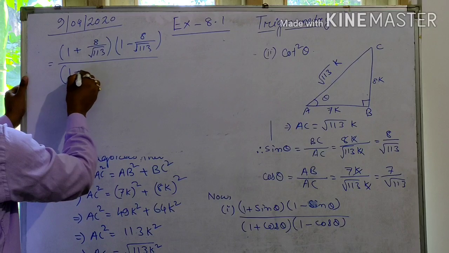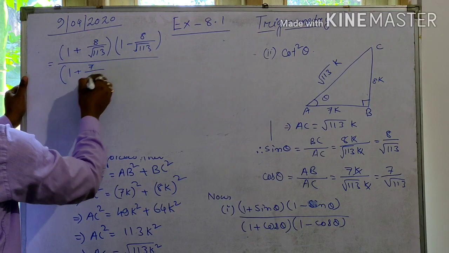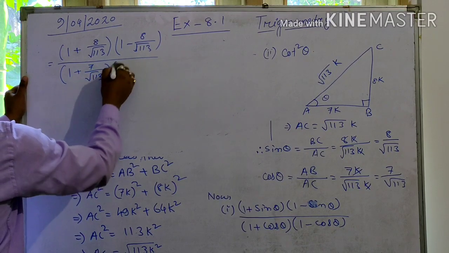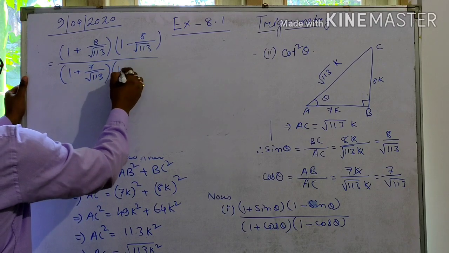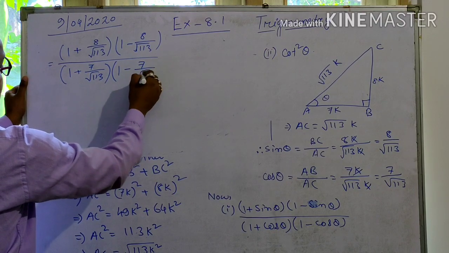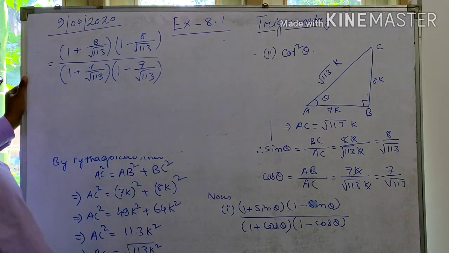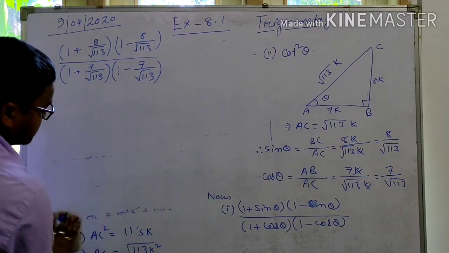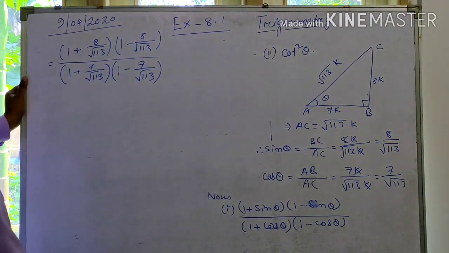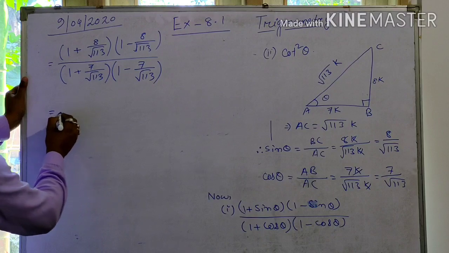Cos theta is 7 by root over 113, so 1 minus 7 by root over 113. How do we continue this? Take the LCM.